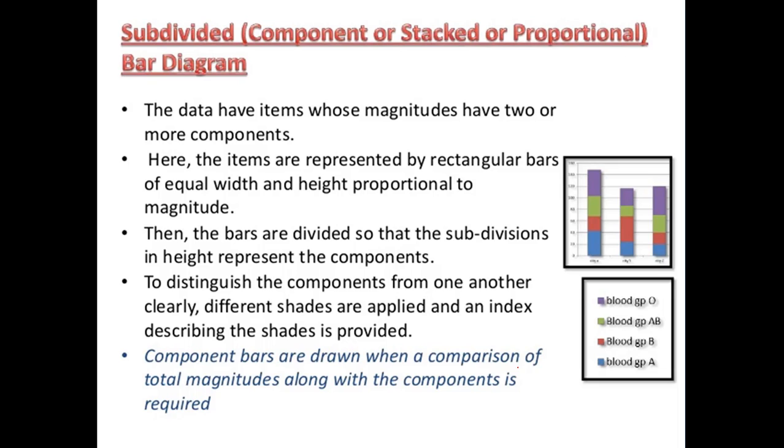Then the bars are divided so that subdivisions in height represent the components. To distinguish the components from one another clearly, different shades are applied and an index describing the shades is provided. Component bars are drawn when a comparison of total magnitudes along with the components is required.